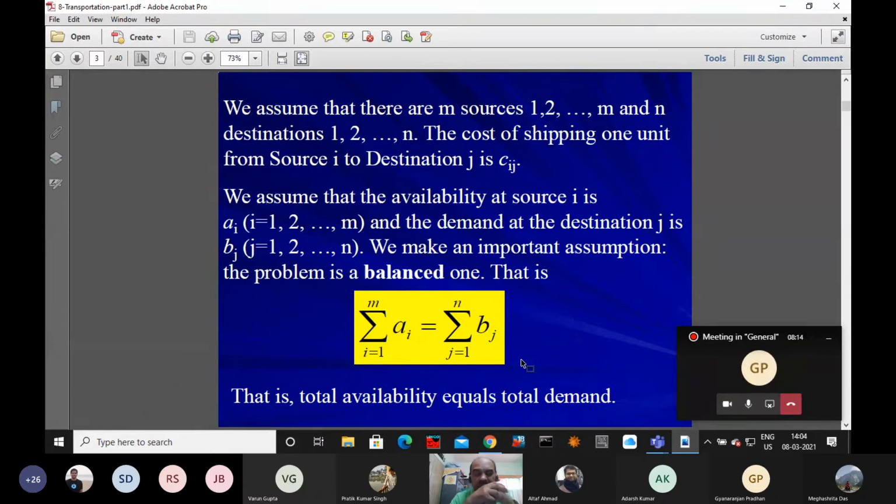If the problem is not balanced, the two sums are not equal; if it is balanced, they are equal. Generally, we solve the transportation problem when the problem is a balanced one. We don't solve unbalanced transportation problems; we solve only balanced ones.